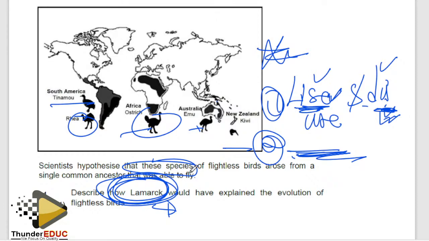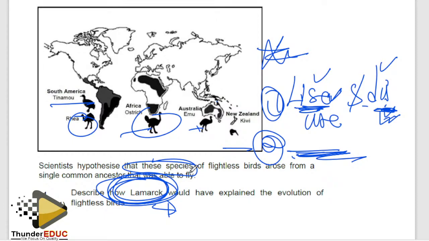There is not enough evidence to show that the flightless birds acquired this character, or they pass their genes, they pass this character to the next generation, like from being flying birds to flightless birds.